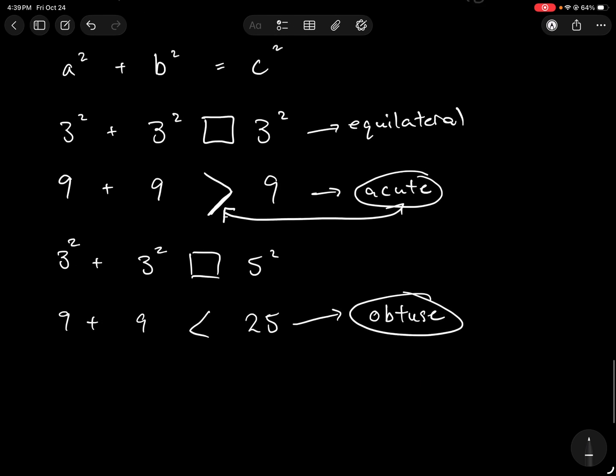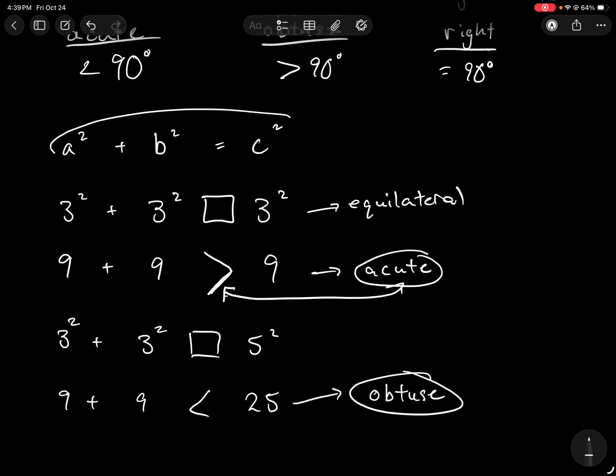And then lastly, if my 3 sides are equal when put into the Pythagorean theorem, then I most definitely have a right triangle, since that's what the theorem originally was intended for.